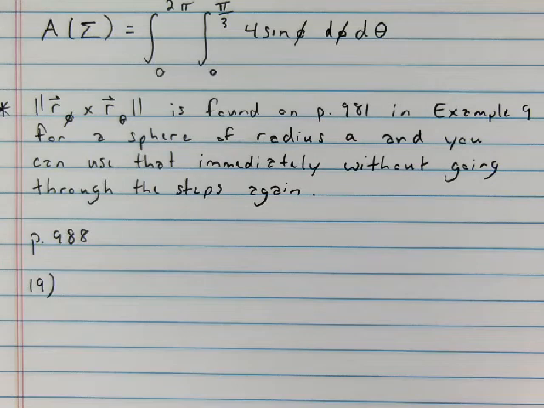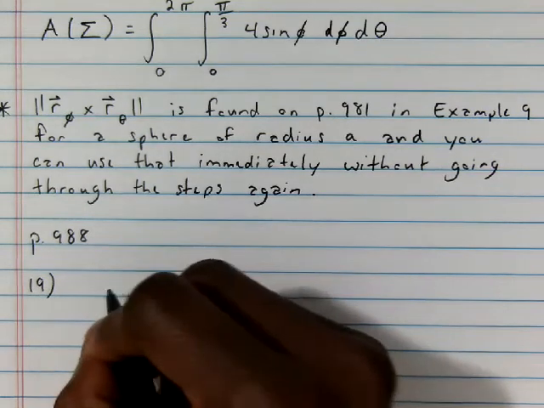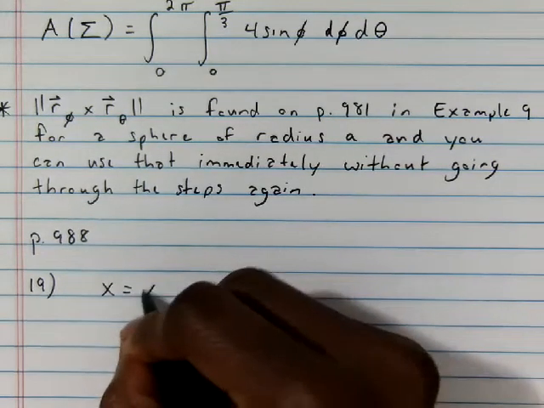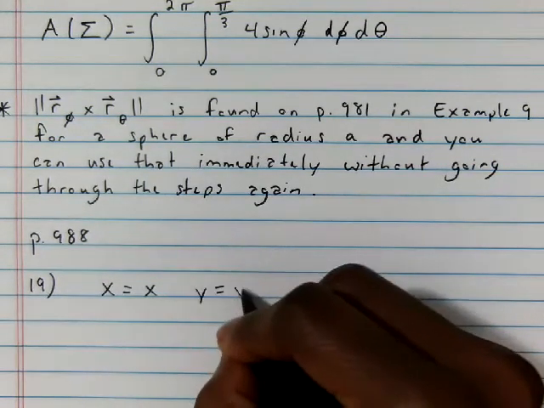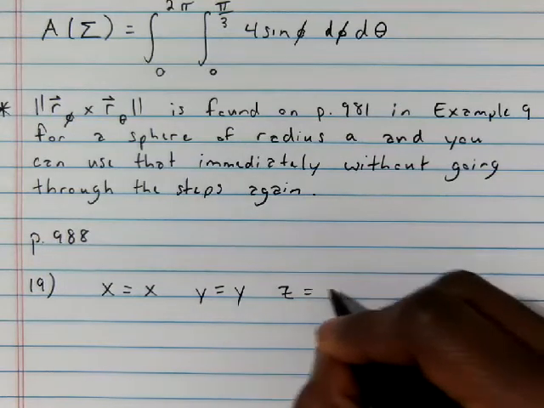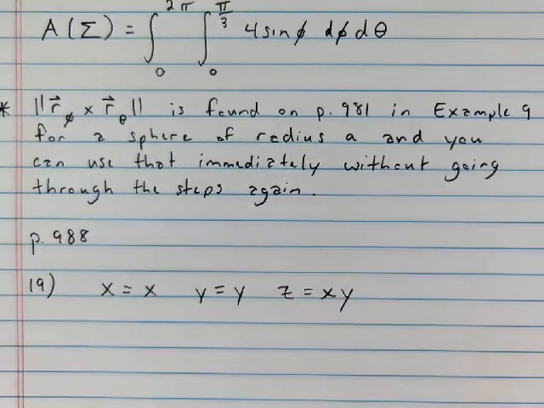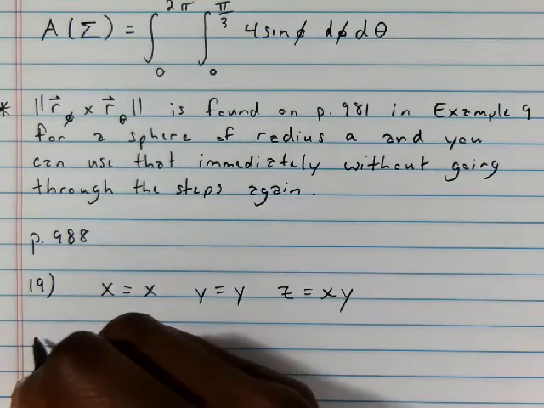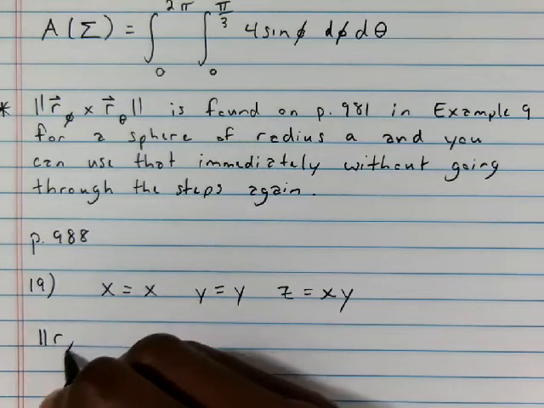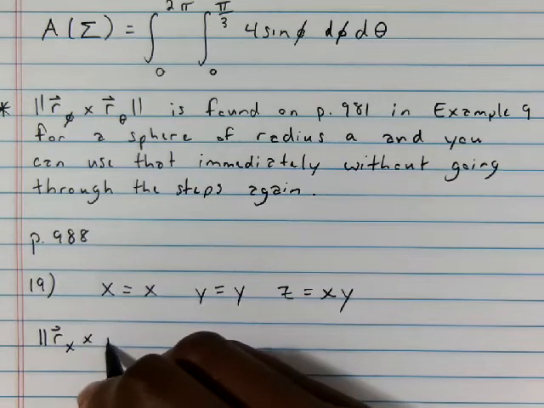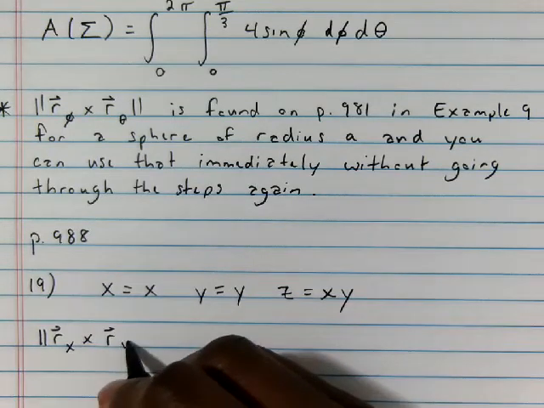Now I'm going to use a different parameterization for this. We're going to start with our favorite parameterization, x equals x, y equals y, z equals xy. If you use that parameterization, then the textbook gives you the magnitude of r sub x cross r sub y.